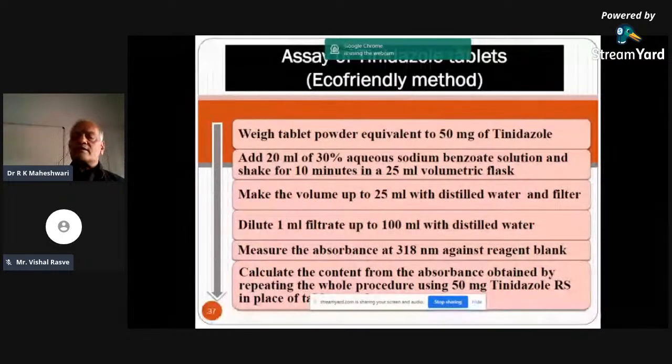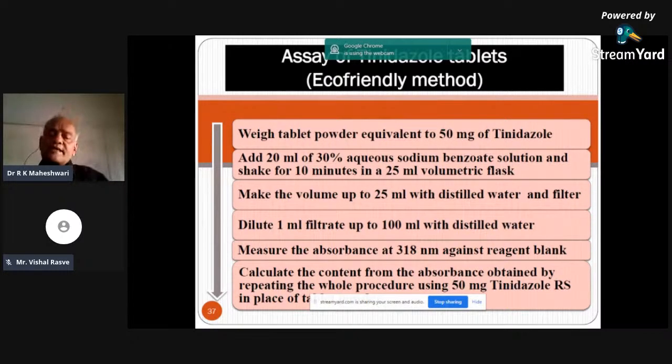There is no need of filtration here. Now take 1 ml of this solution and dilute up to 100 ml with distilled water. So this solution contains the same amount of sodium benzoate which is present together with your drug. This reagent blank will be kept in the reference cuvette.